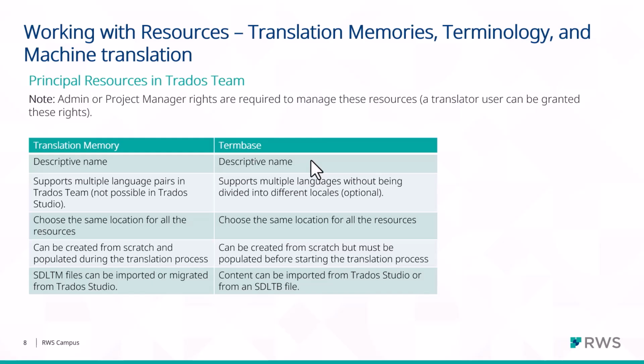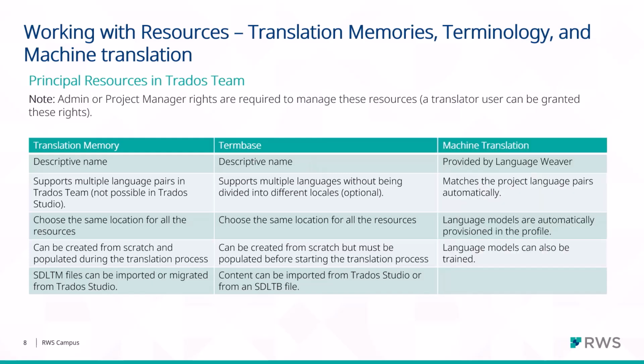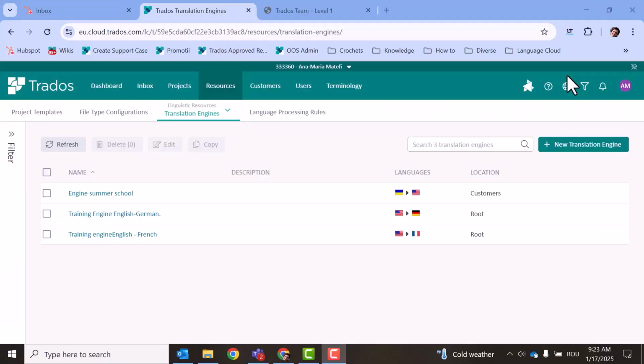Now you will also be able to add terms on the fly, also on the cloud version of Trados, if the update button of a term base is checked, and we will see how to add Language Weaver, the machine translation provided by RWS. Let's pass to the videos.